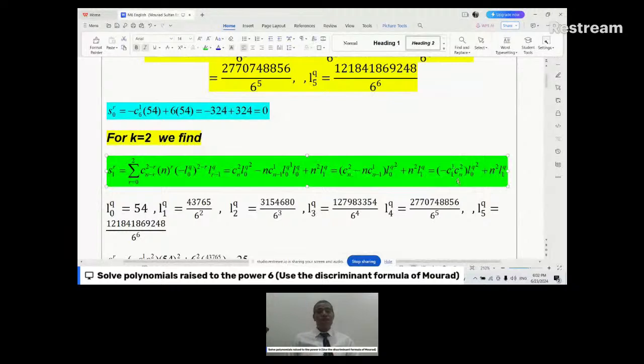That is the quadratic formula. In the discriminant formula of Mourad Sultan Ezouidi, the general formula for S1 is negative combination n choose 2 times L0 of the q squared plus n squared times L1 of the q. Very important this.